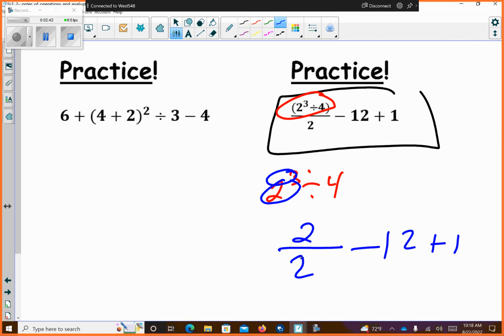So this here, this was 8. 8 divided by 4 is 2. Then I get 2 over 2. What is 2 over 2? 1. So I get 1 minus 12 plus 1. Well, left to right. 1 minus 12, negative 11. Negative 11 plus 1, negative 10.